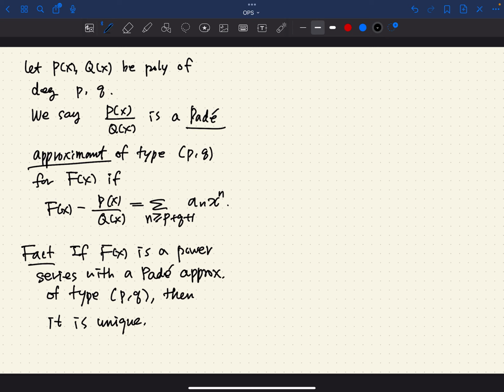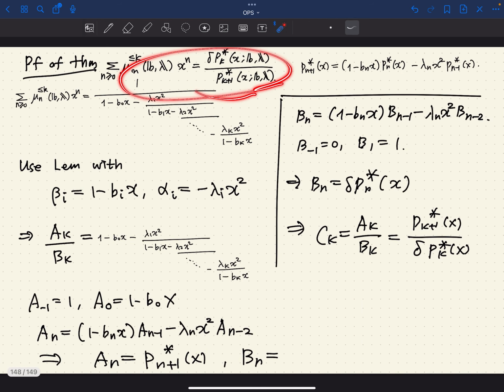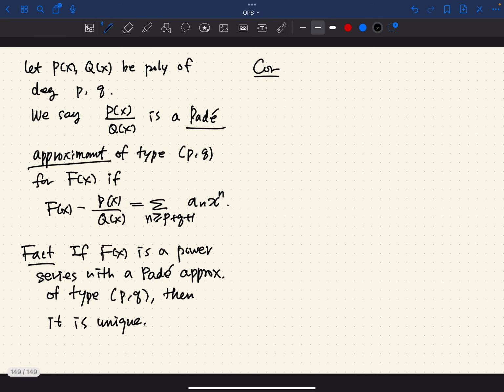And our corollary here is that the one that we had here is a Padé approximant of the generating function for moments. That's the claim. So let me state the claim. So let f be the generating function for all moments mu_n, with the b's and lambdas specified.